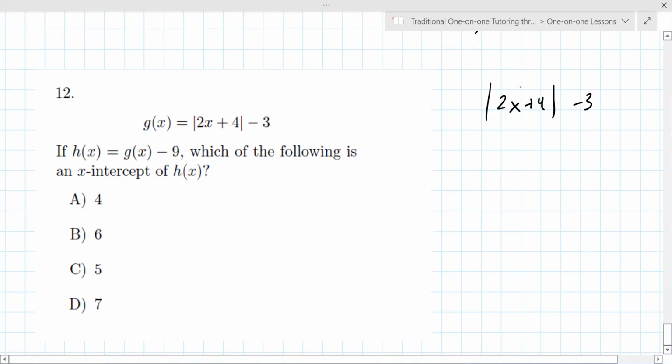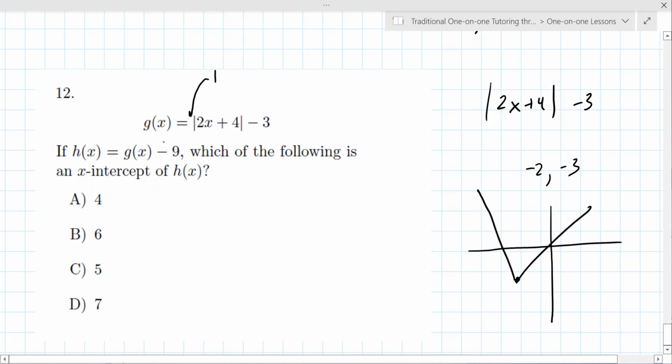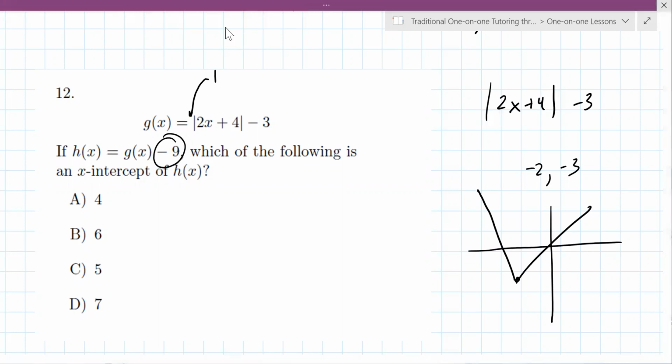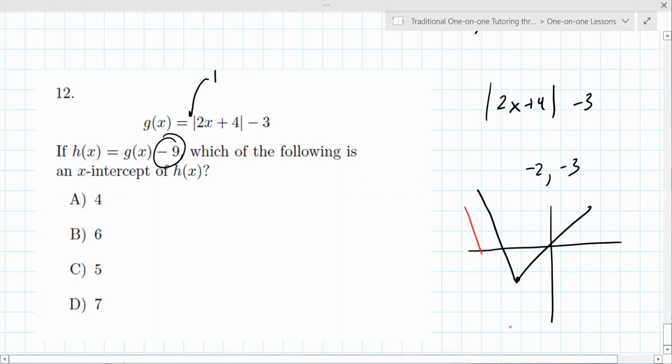There's some number that makes this 0. The vertex ends up being (-2, -3). And see how this number out in front is 1, it's positive, so it opens up. So moving it down 9, all that does is change whether it has an intercept. So this is just a distraction.